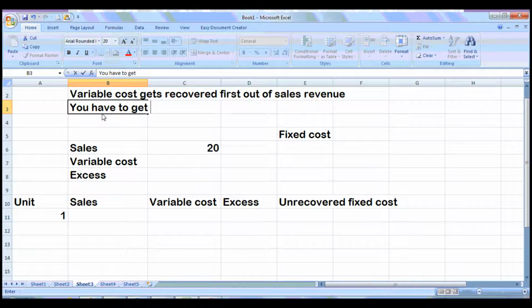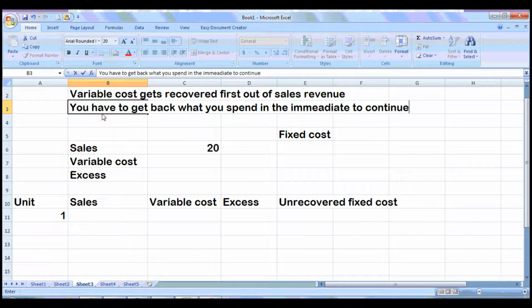What a marginal costing statement shows is practicality. I said this is a concept. It shows what a manufacturer thinks. According to the cost recovery concept, your variable cost is recovered first out of your sales revenue. Why is this so? It is so because you continue to manufacture only if you get something in excess of what you spend immediately.